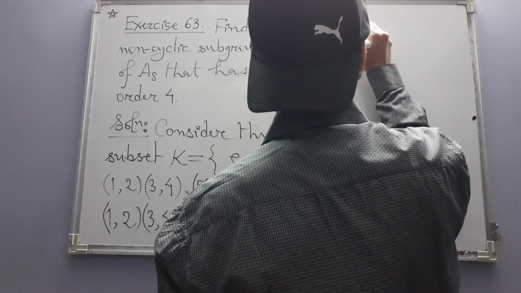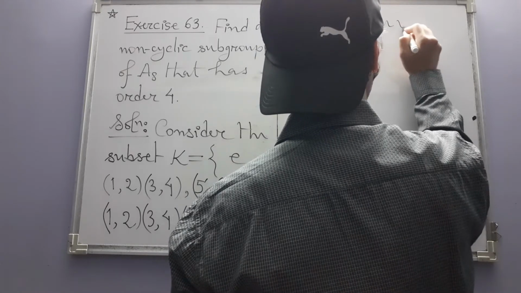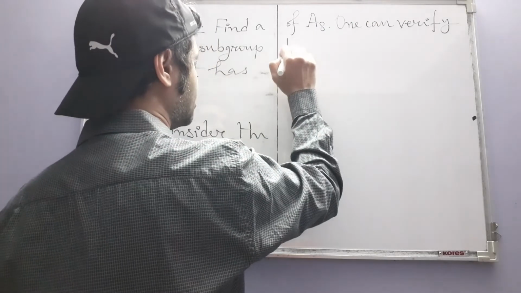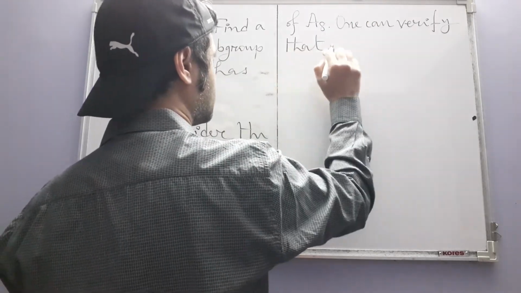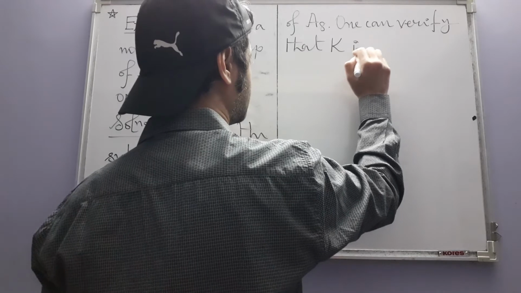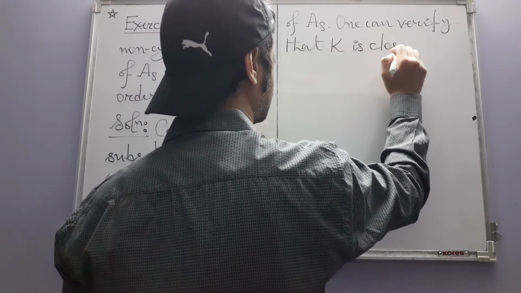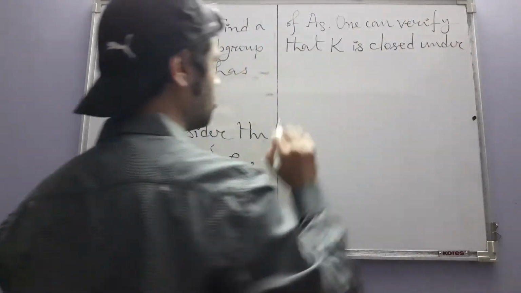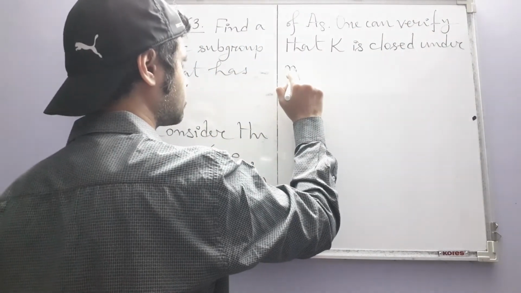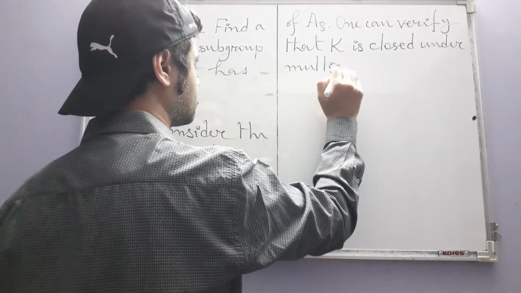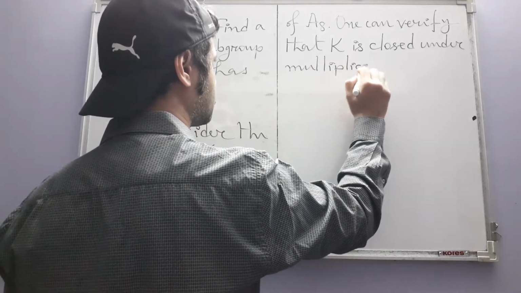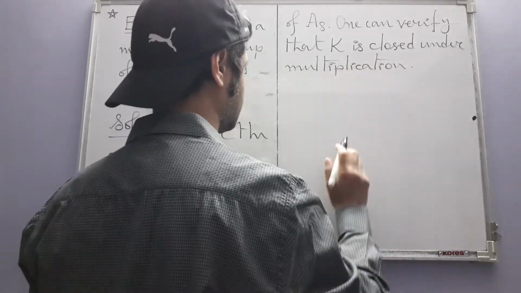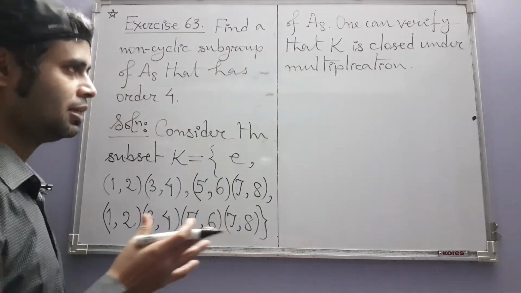Now one can verify that K is closed under multiplication, where you of course know what we mean by multiplication.